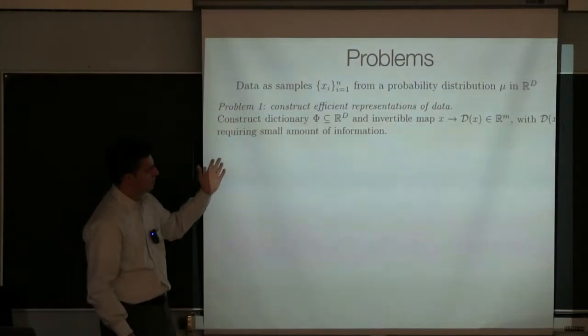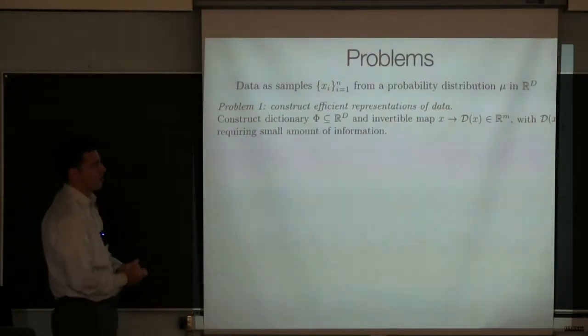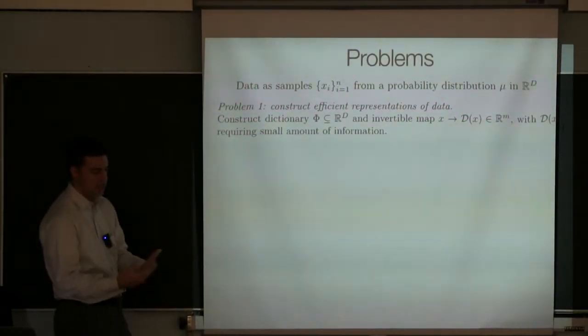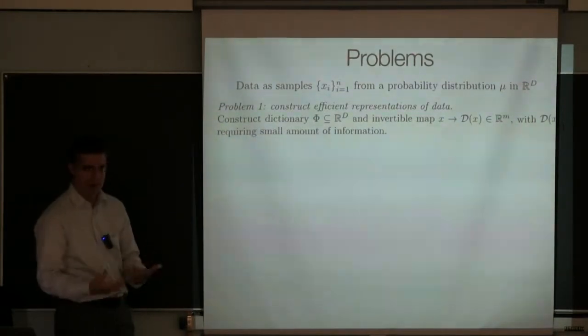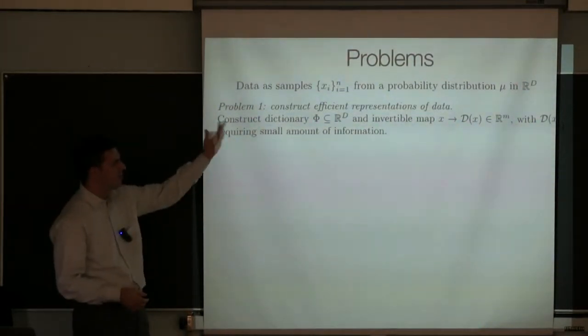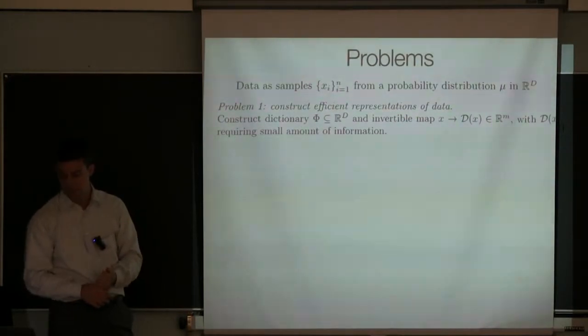And I would like this map to compress things. So I would like the representation of x, the encoding of my data, to require very few bits, much fewer than the ones that I needed to encode my original data in R^D.